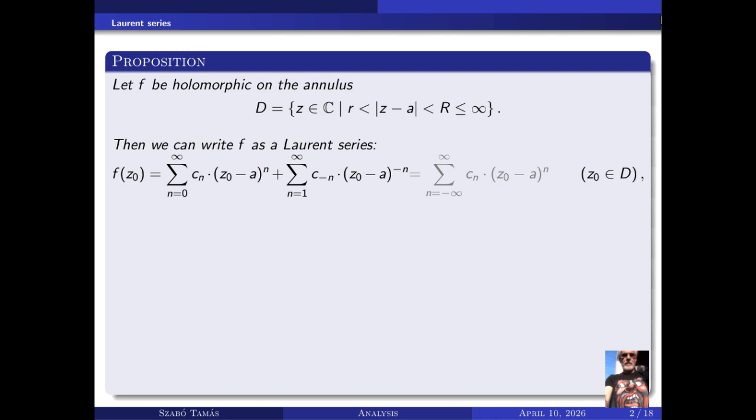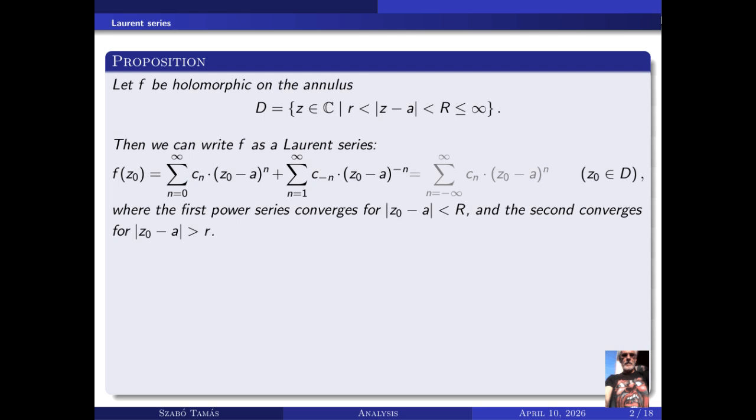The first power series converges when the modulus of z0 minus a is less than R, and the second converges when the modulus of z0 minus a is greater than r. Moreover, the coefficients c sub n, where n is an integer, are uniquely determined.